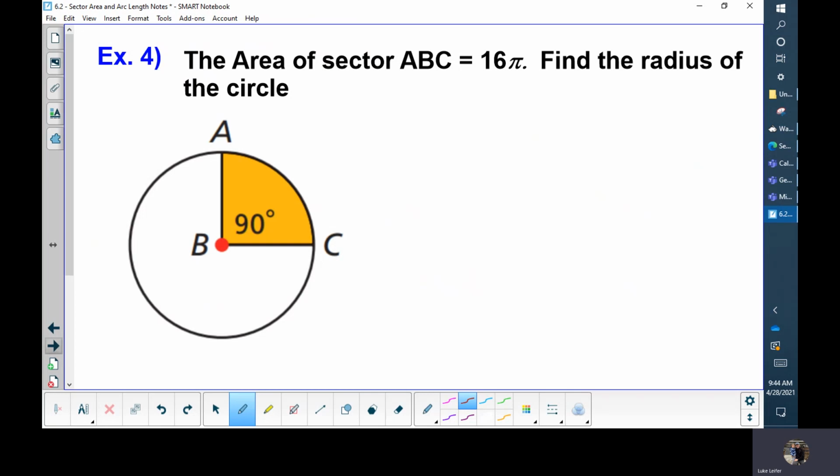Quick sketch. No radius given. But if you look in the instructions, it gives you the area, and you are looking for the radius.